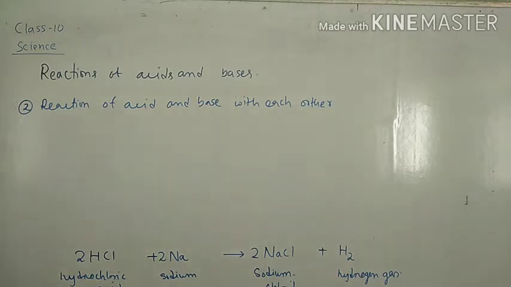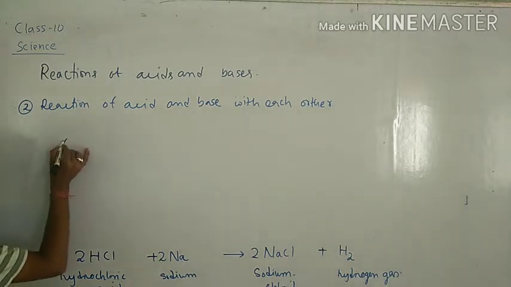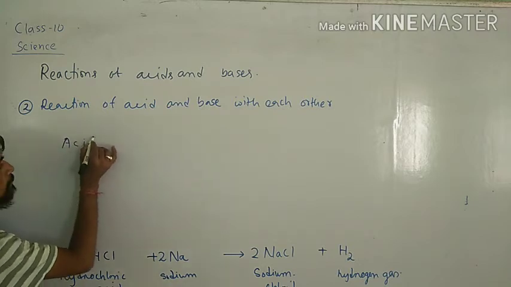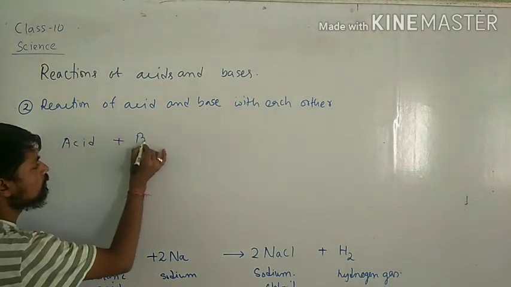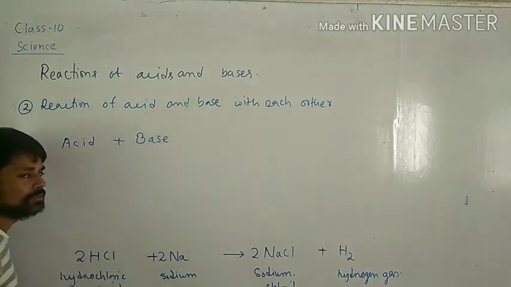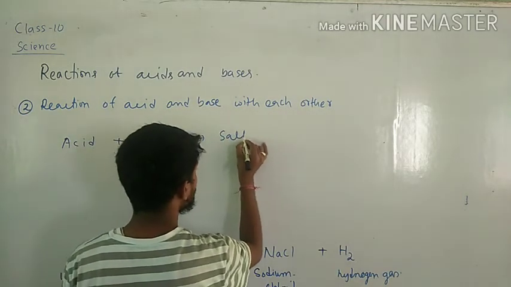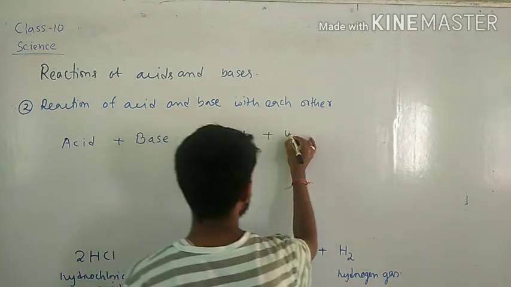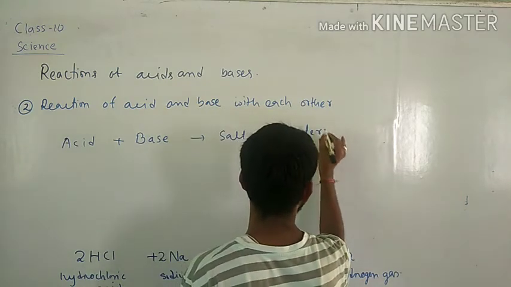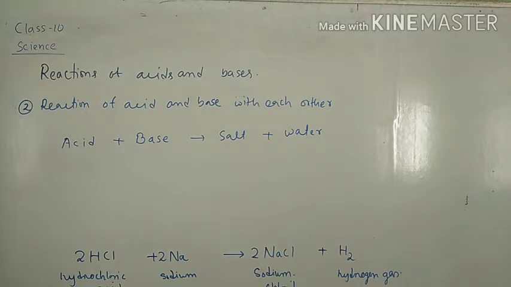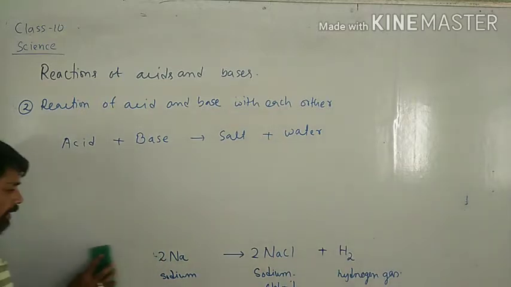So the general reaction is like this: acid reacts with base to produce salt and water. Right? Acid reacts with base to produce salt and water.